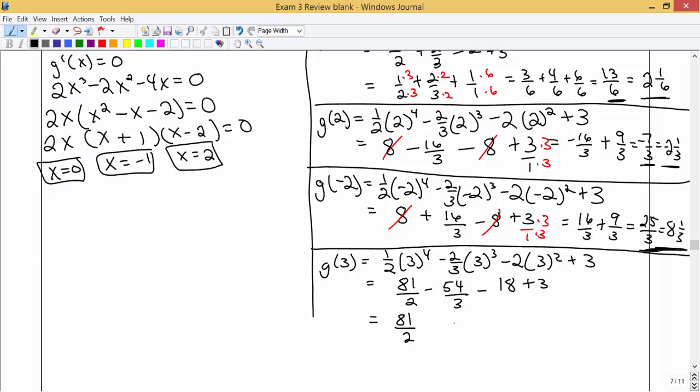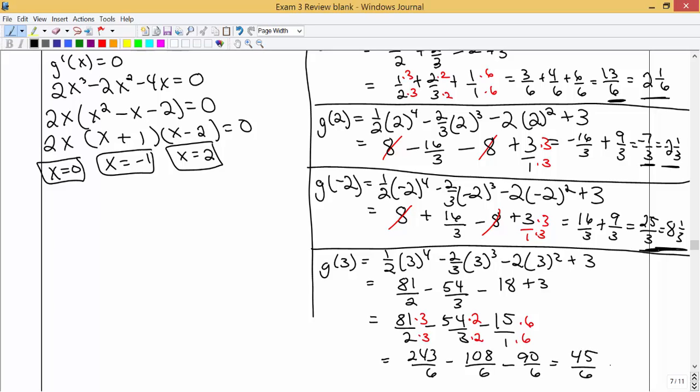So we get 81 over 2 minus 54 over 3 minus 15. Let's give it a common denominator of 6. We end up with 243 over 6 minus 108 over 6 minus 90 over 6. So we end up with 45 over 6, which reduces to be 15 over 2. Let's write it as a mixed number like the others, that would be 7 and a remainder of 1/2.